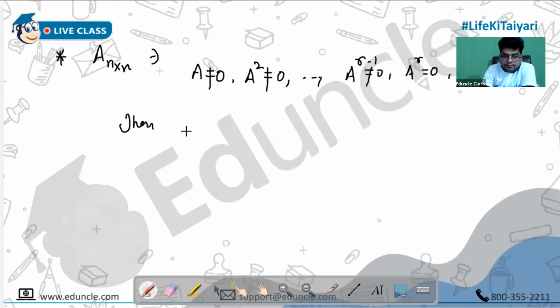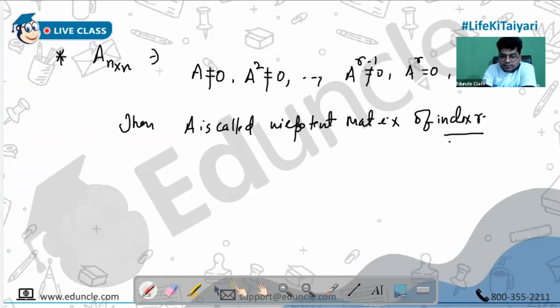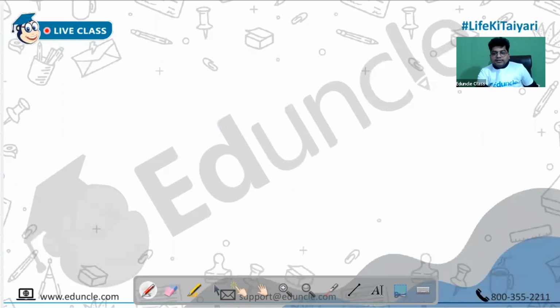Then A is called a nilpotent matrix of index r, nilpotency index r. And the index r is always less than or equal to n. Is this clear? Yes or no? The nilpotent index is always less than or equal to n. Done. This is very much clear.